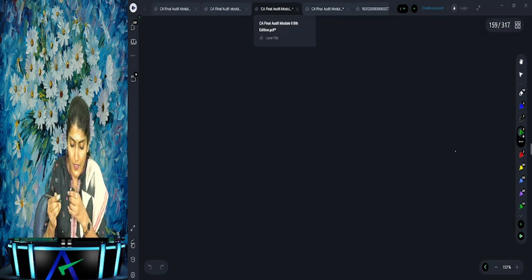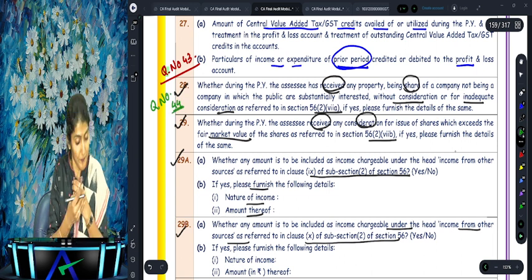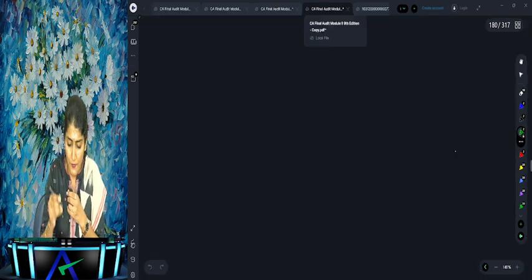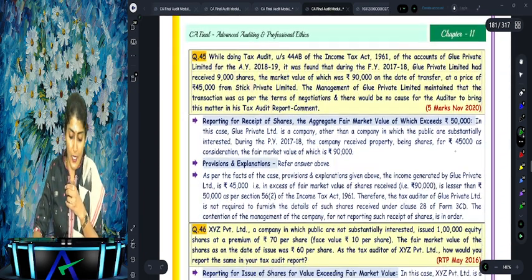So question number 44: receive shares without consideration or for inadequate consideration.